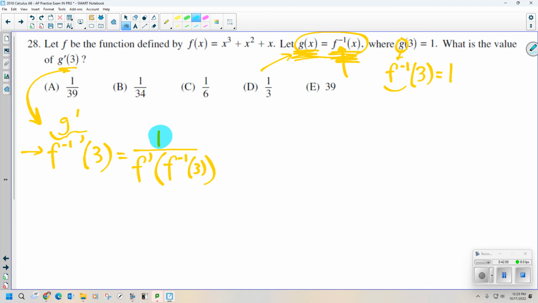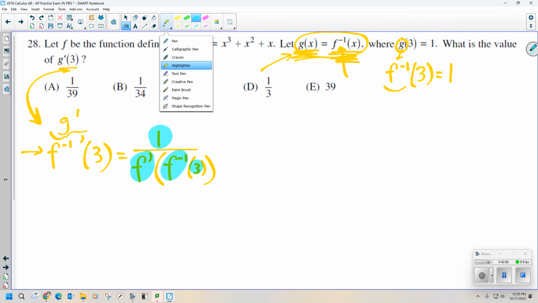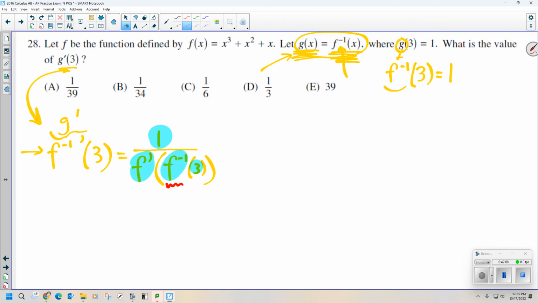Now, we already have this. That was given to us right here, because g is the same thing as f inverse. So the inverse of f at 3 is 1. So this right here is like saying 1 over the derivative of f at 1.